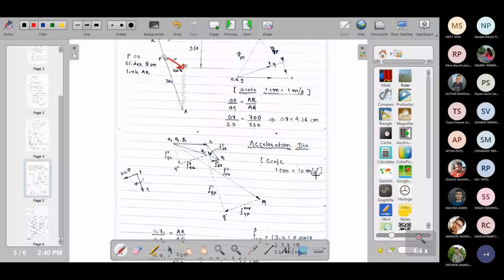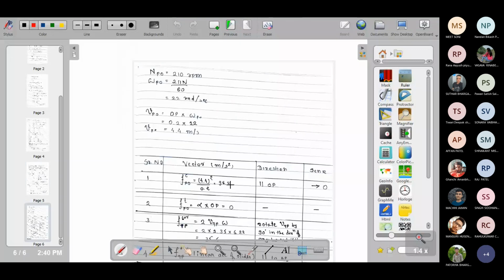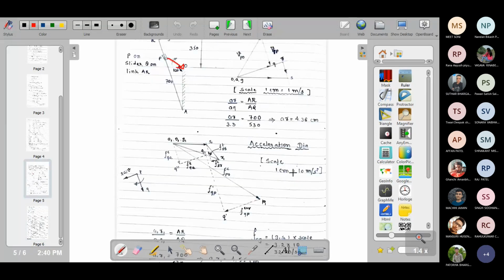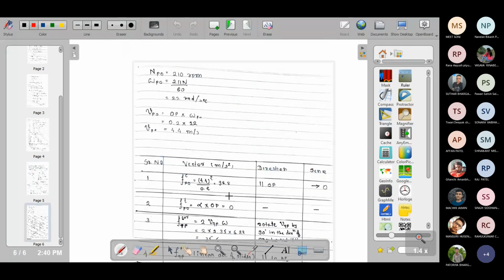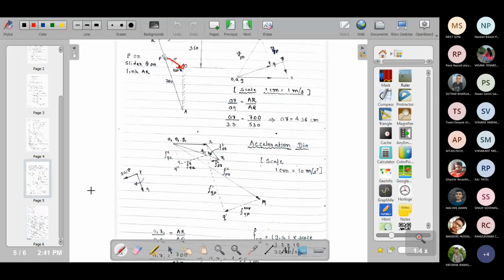So what length will the first vector be? 96.8 gives 9.6 centimeters. So the first component is this much.